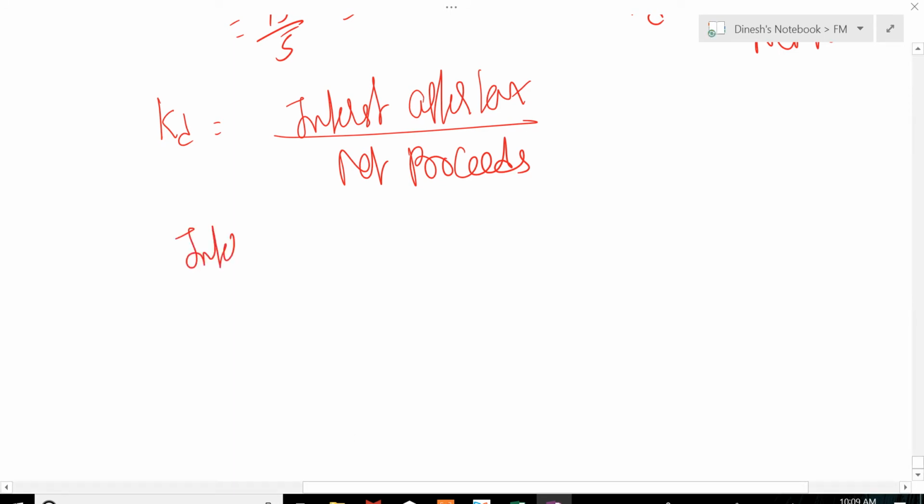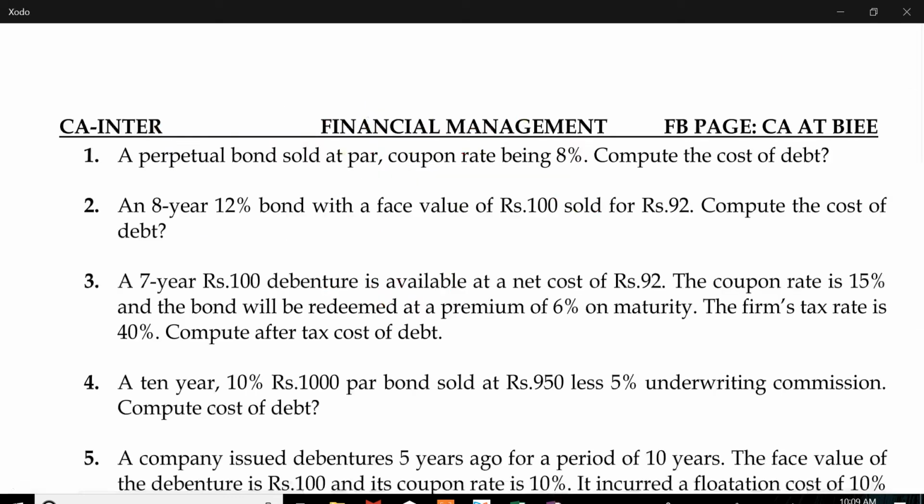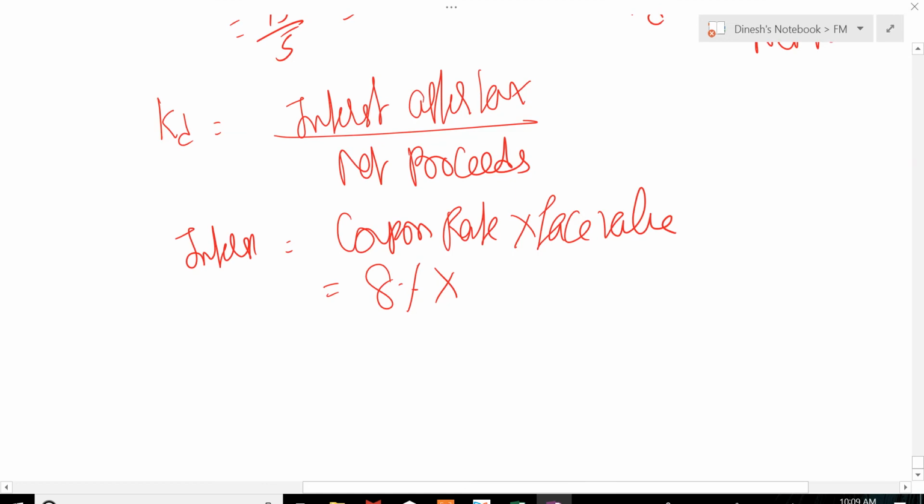Interest equal to coupon rate into face value. What is the rate of interest? Face value? Nothing is given, so we are taking 100 here. Any number you can take, 10, 100,000, whatever way you want to do. Let's take it as 100. Rupees 8.